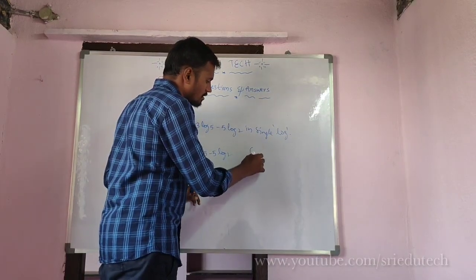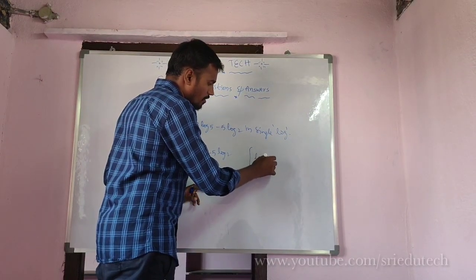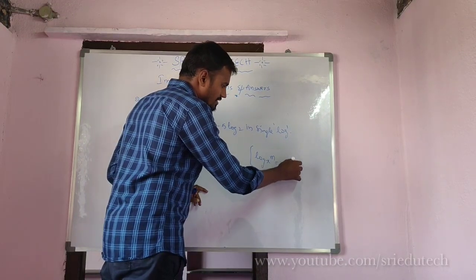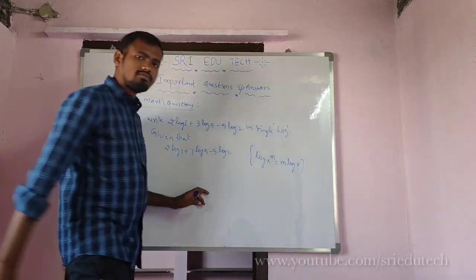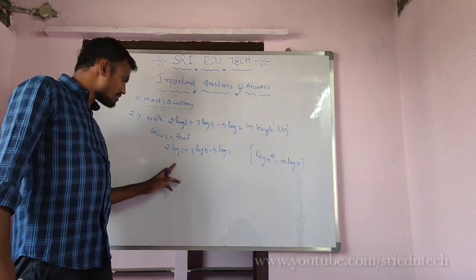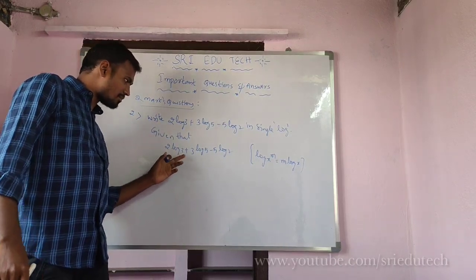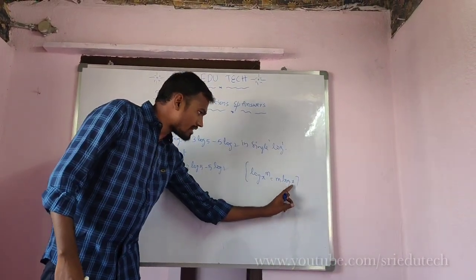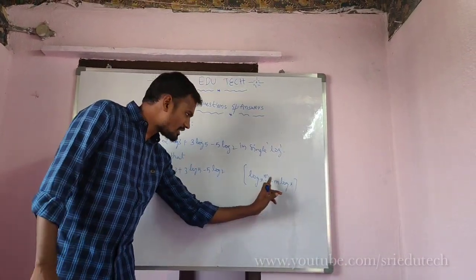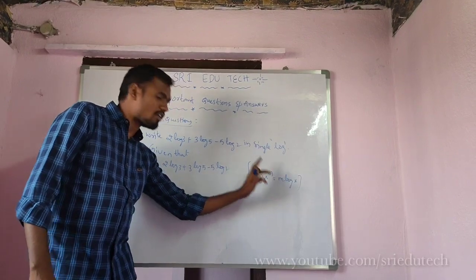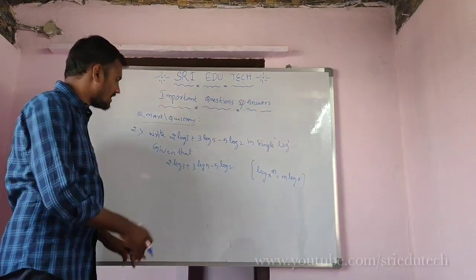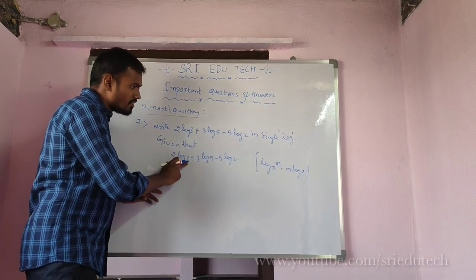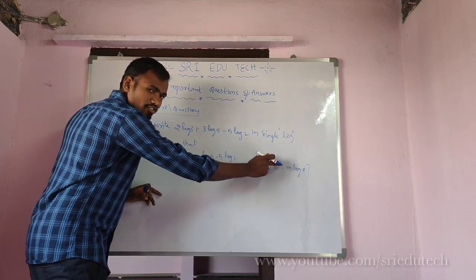Log x to the power of m is equal to m log x. These terms are in the form m log x. Now convert into log x to the power of m. Here m log x is equal to log x to the power of m.